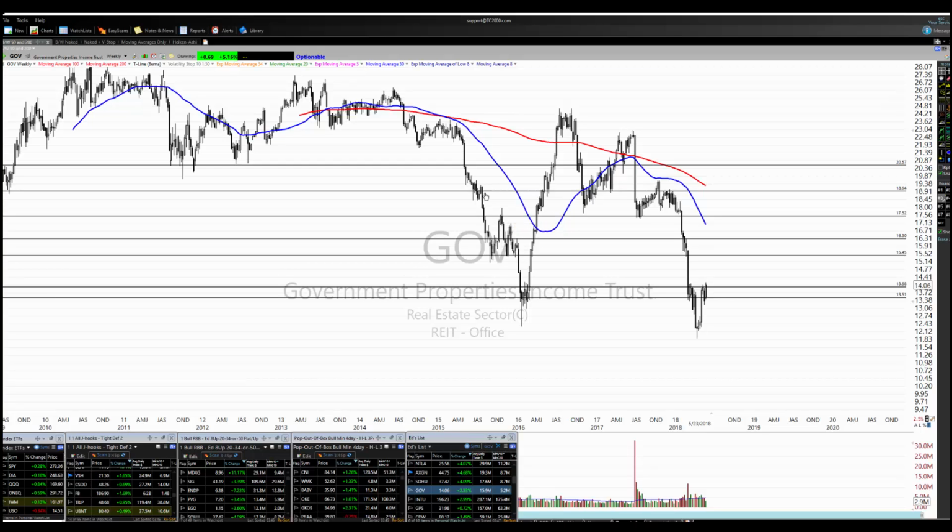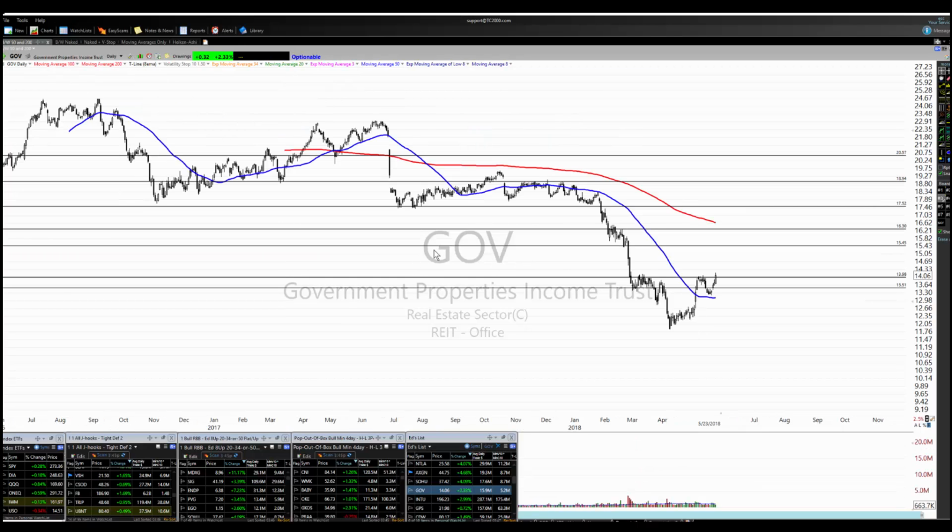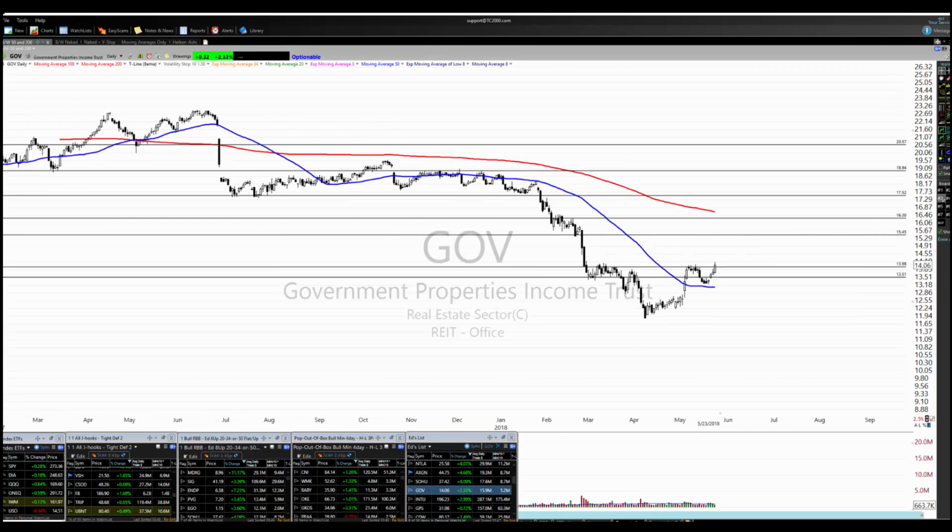And then you can see how we've got a level defined up here above. So let's see what a trade plan would look like for this sucker. Well, let's do it above today's close with the stop down below these lows here.